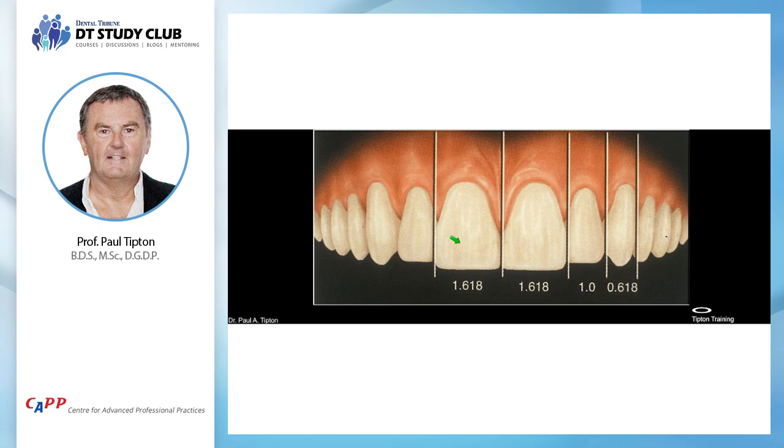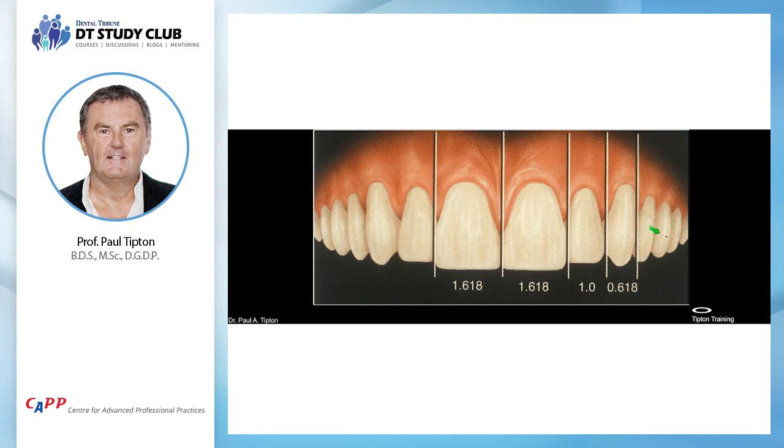And this is showing it. So we've got 1.6 to 1 to 0.6. So look at the width here, the width there, and the width there. That's 1.6 to 1 to 0.6. Another way of looking at it is 1.6 to 1, 1.6 to 1, 1.6 to 1.